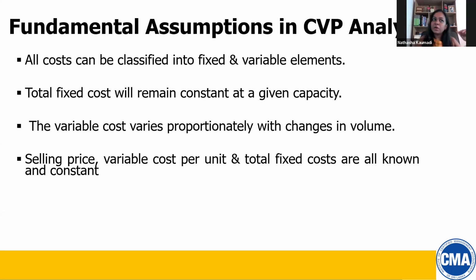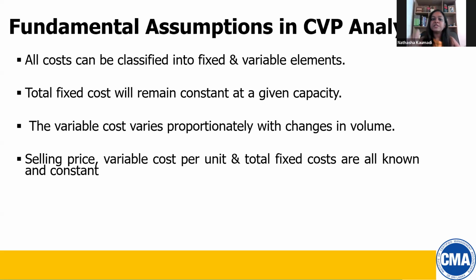So direct material cost per unit, let's say to produce 1 unit, we need 2 kilograms of this particular material. 1 kilogram of that material is 200 rupees. So if 1 kilogram is 200 rupees, and we need 2 kilograms, that means 400 rupees, right? 400 rupees per unit. It doesn't change over the short run.